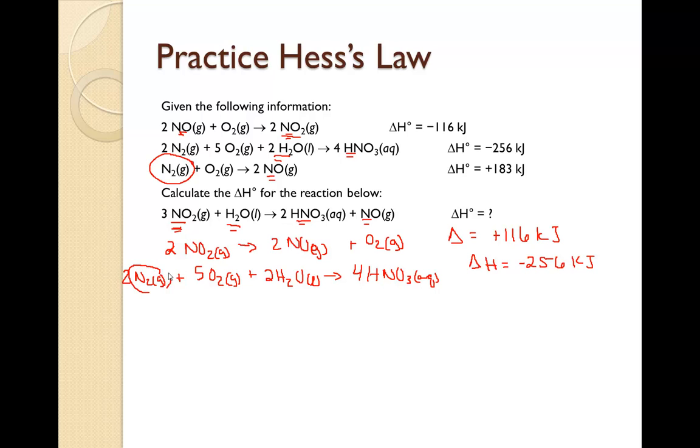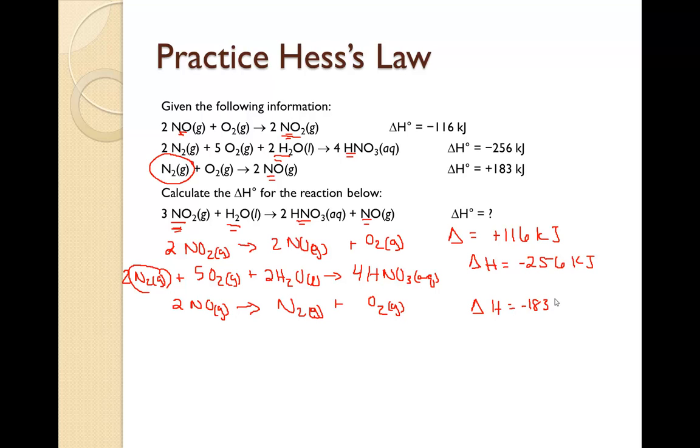So obviously those two are put together to cancel out. So since this is on the left, I'm going to need this one on the right. So I'm going to reverse this. 2 NO gas yields N2 gas plus O2 gas. I reverse that, so that becomes a negative 183.